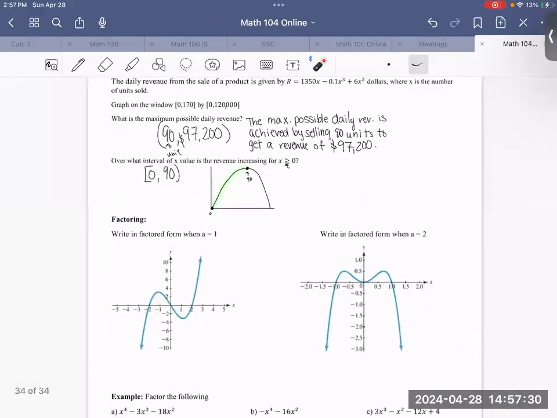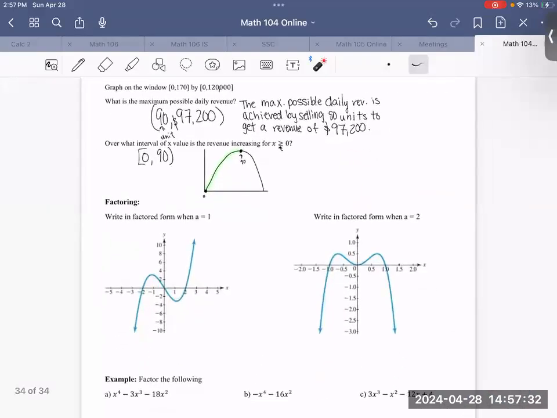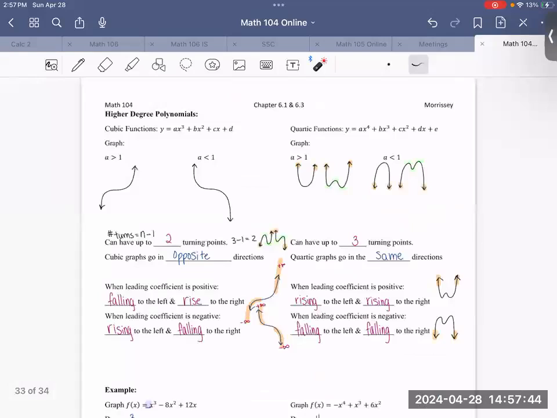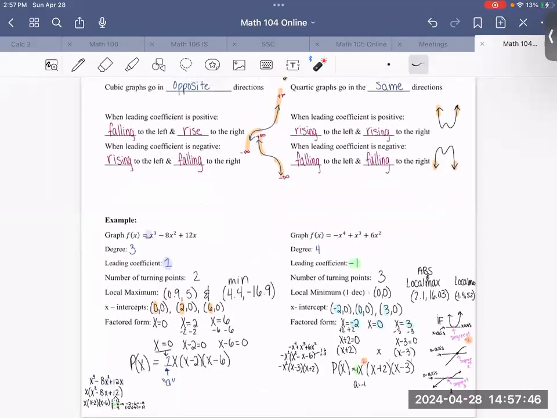So now let's take a look at your factored form. So if you have some information where they're telling you what A is right over here, and they're giving you some sort of graph, can you make an equation? Well, we determined from your following equations over here that as long as you have your x-intercepts, we can in fact make an equation.